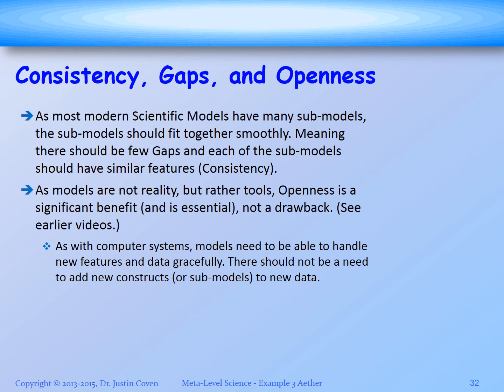As most modern scientific models have many submodels, the submodels should fit together smoothly, meaning there should be few gaps and each of the submodels should have similar features, creating consistency. As models are not reality but rather tools, openness is a significant benefit and is essential. It is not a drawback.